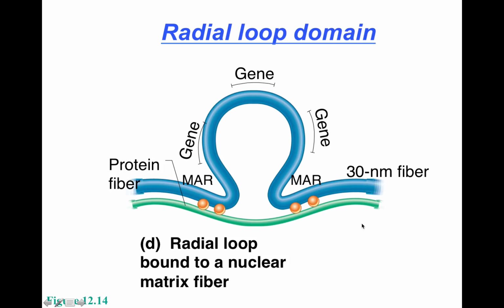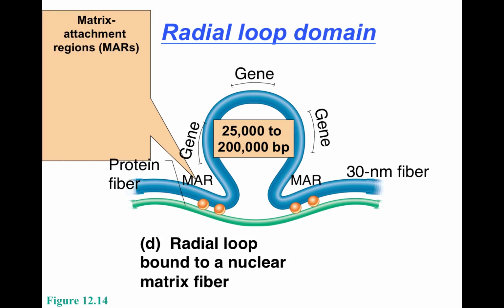Okay, one of the basic structures that the chromatin takes up inside the nucleus is called a radial loop domain. There are approximately 25 to 250 kilobase pairs, quite a great range of sizes of DNA, within these radial loop domains.